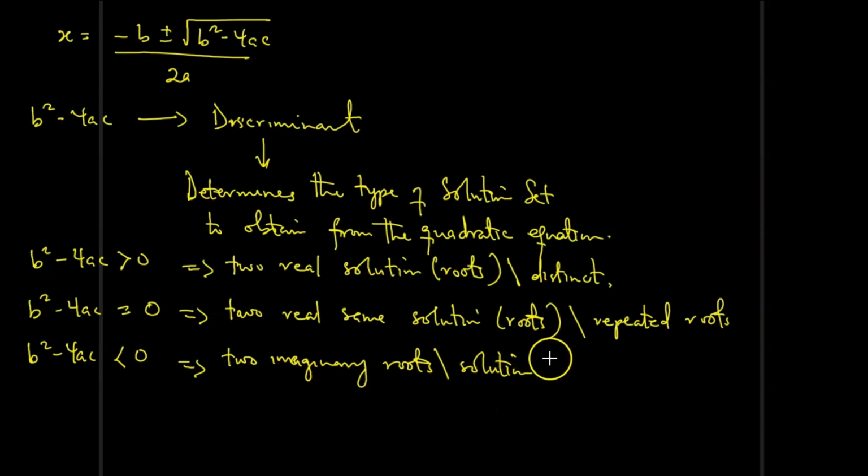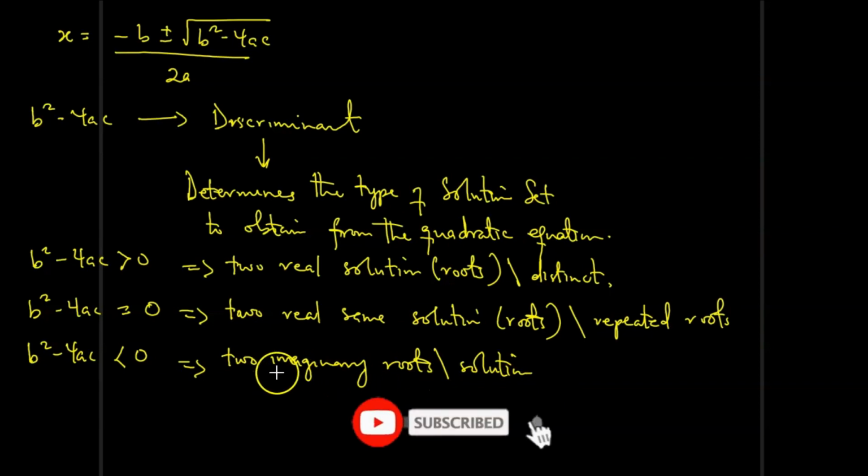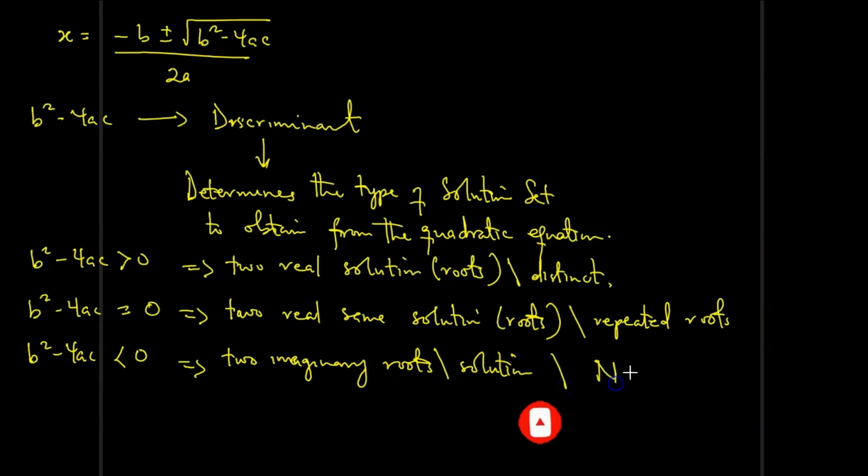In other words, we can also say that it has no solution. When we say imaginary, then it means that it exists in an imaginary world. It doesn't have an actual value in the real world. So on your calculator, it displays some symbols like i. So either two imaginary solutions, or you can also say that it will have no solution when it comes to the real world.